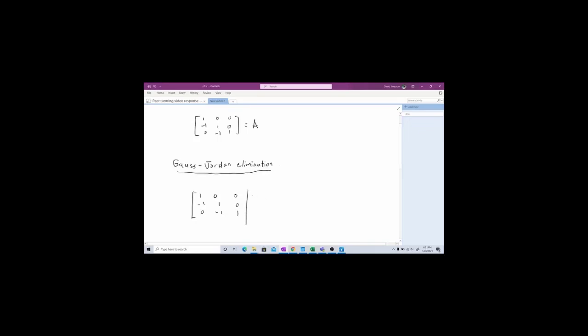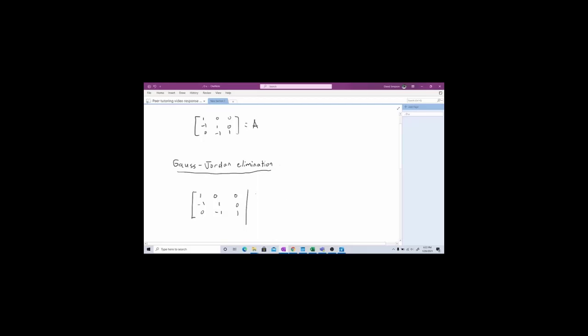And on the right of the vertical line, normally in regular Gauss-Jordan elimination, what we would put here is the B vector, right? But that is not what we're going to put here this time. To find the inverse, we can actually do something really cool.